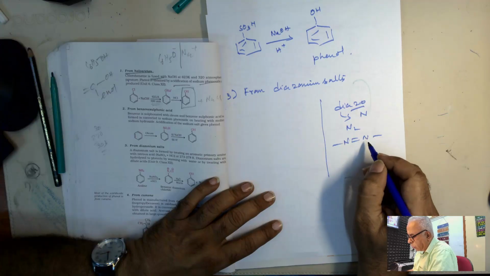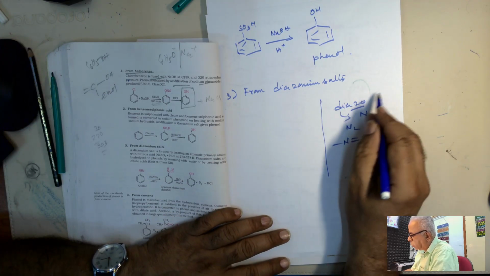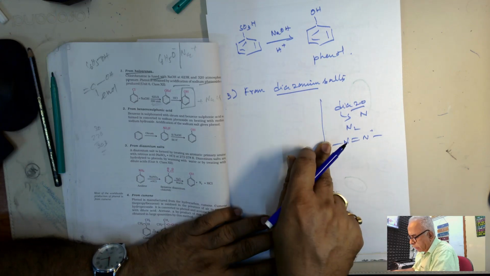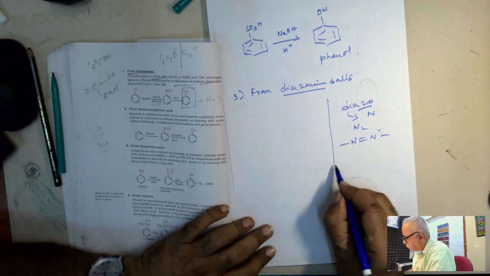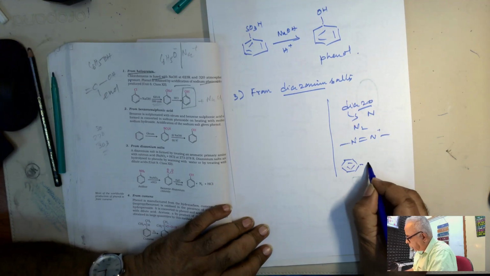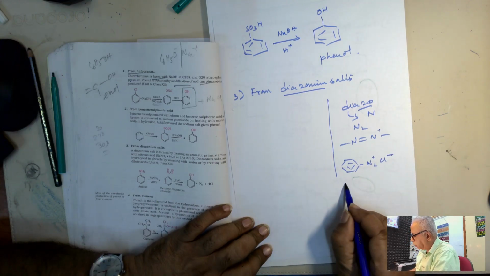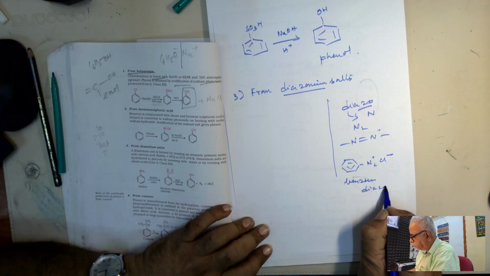And one of these nitrogens is having a cation, so that is why it's called diazonium. And benzene is attached to that, so it's called benzene diazonium. So benzene is attached here and you've got N2 with plus and Cl minus. So it's called benzene diazonium chloride. Okay.